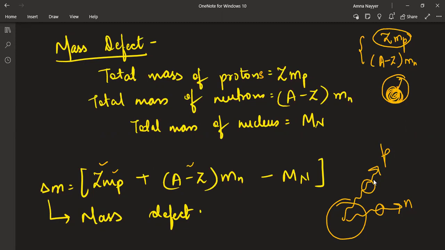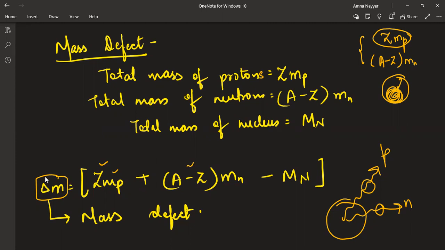Now the binding energy formula also involves your mass defect, which is why understanding mass defect is better. How to calculate binding energy? First step: always calculate the mass defect, using whatever data is given to you.